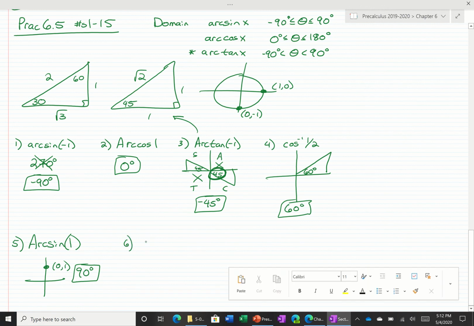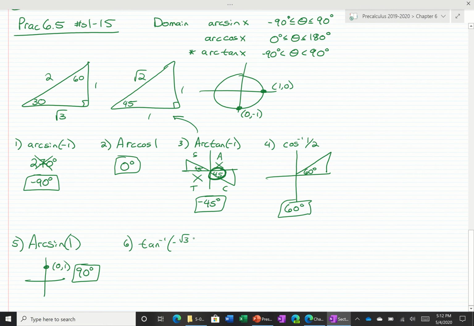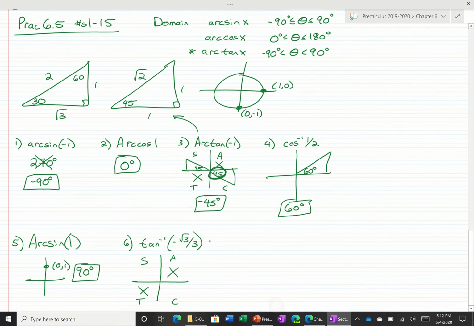Number 6, when is tangent -√3/3? And we're looking to see when does that happen between -90 and 90. So if tangent's negative and all students take calculus, we're not going to draw it over here or over here. And that's the same as -1/√3, just not rationalized.